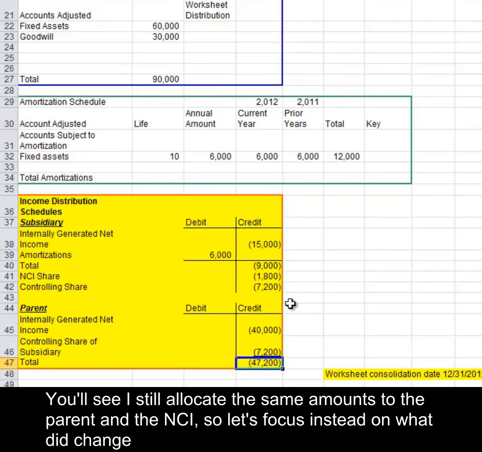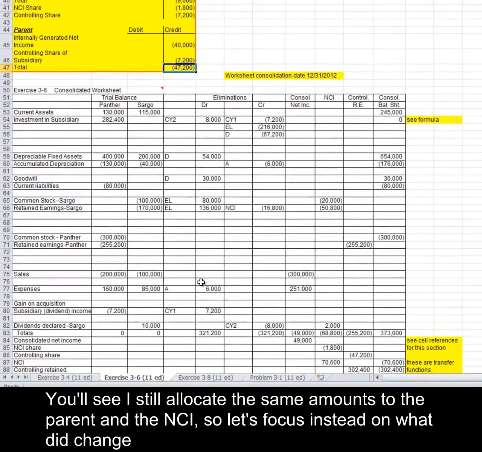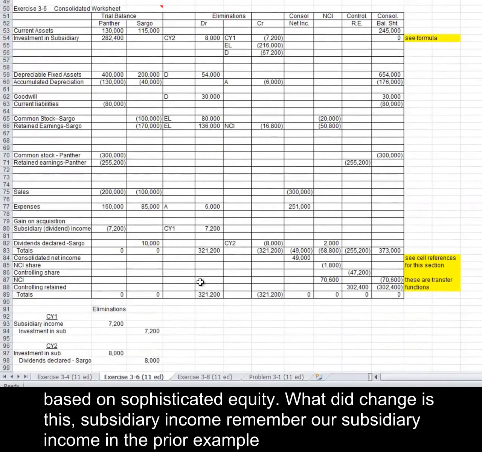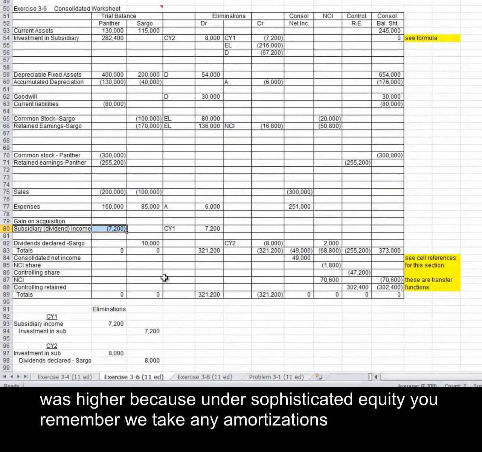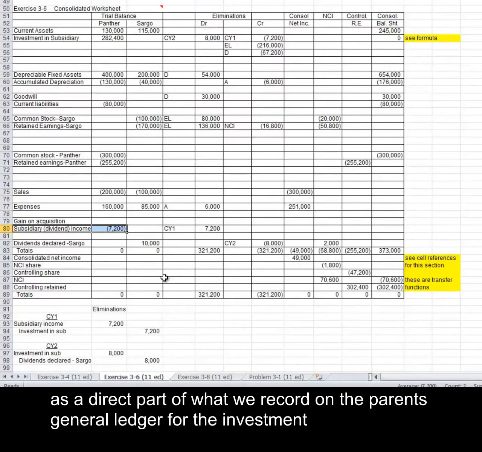So let's focus instead on what did change based on sophisticated equity. What did change is this, subsidiary income. Remember, our subsidiary income in the prior example was higher because under sophisticated equity, remember we take any amortizations as a direct part of what we record on the parent's general ledger for the investment account.